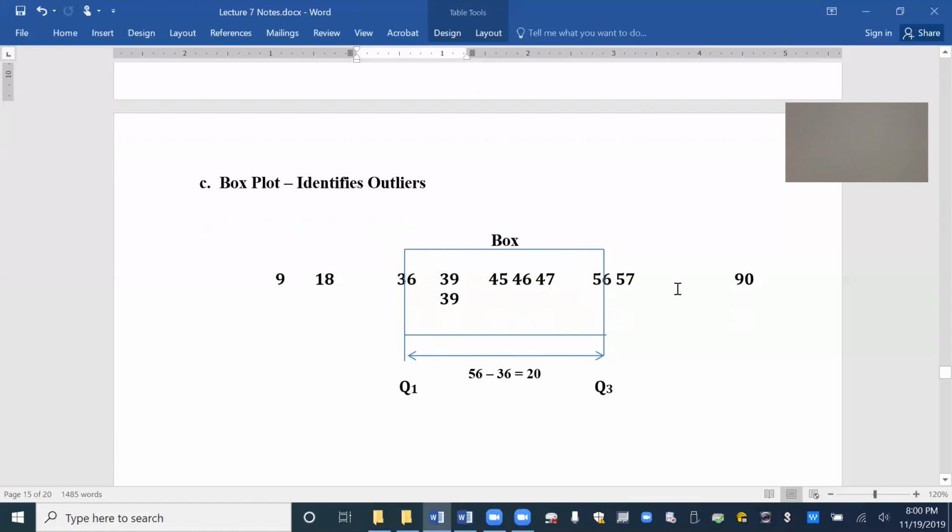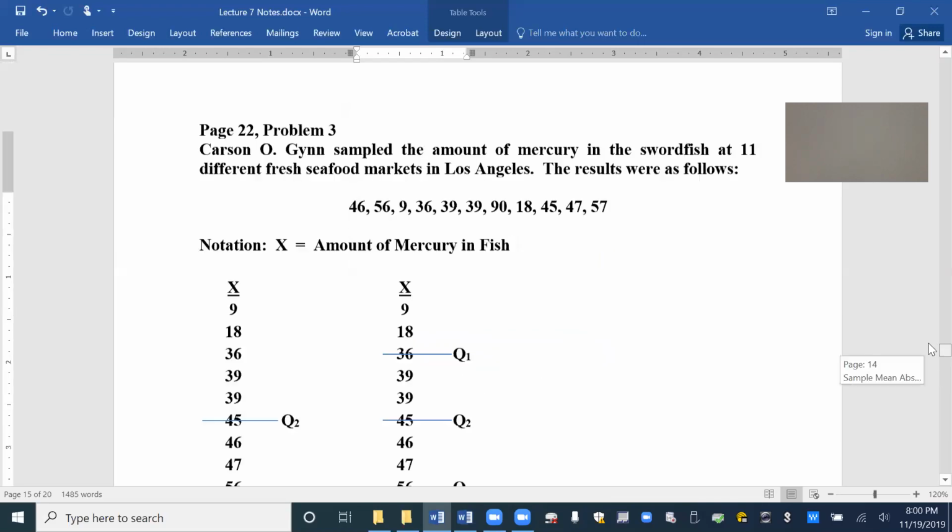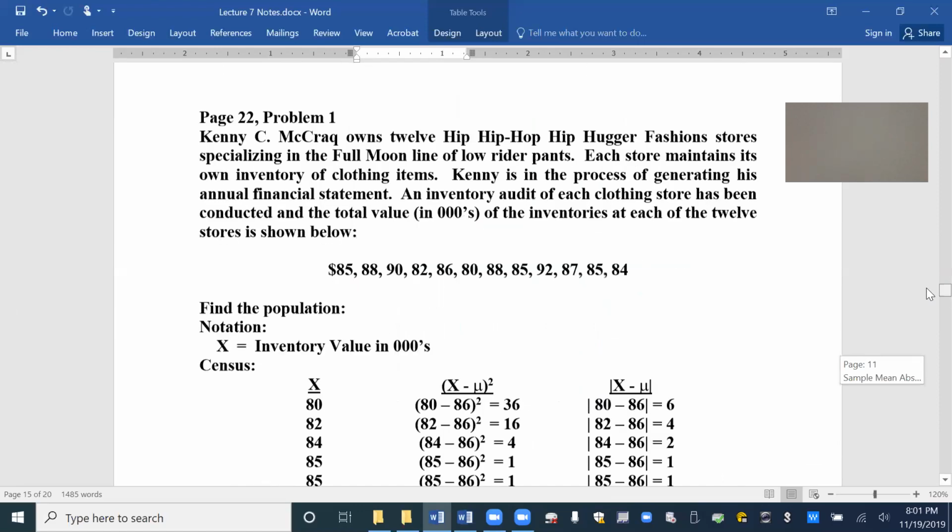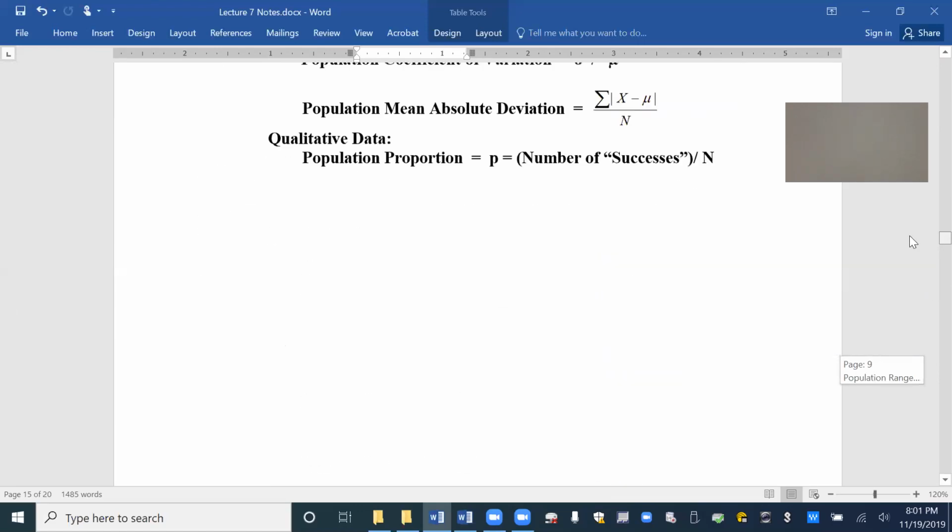Then from the box, we extend some branches. They call it a whisker out to the right and a whisker out to the left. And the width of that whisker is 1.5 times the width of the box, which is 20. The width of the box is called the interquartile range.